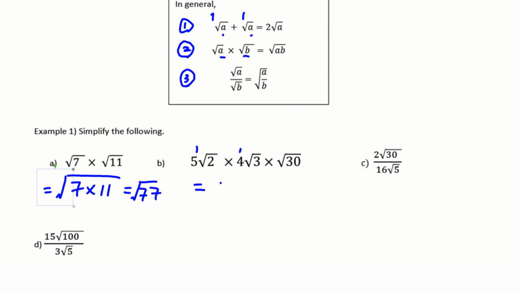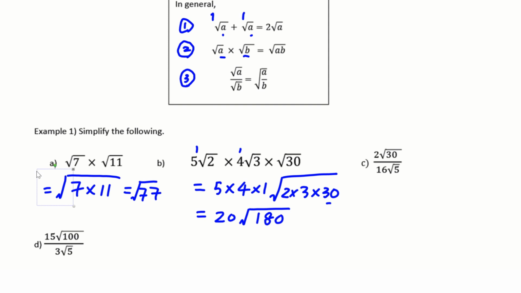So 5 times 4 times 1. Then multiply the radicands, square root of 2 times 3 times 30. Then it equals 20 square root, 2 times 3 times 30, which here we have 180.